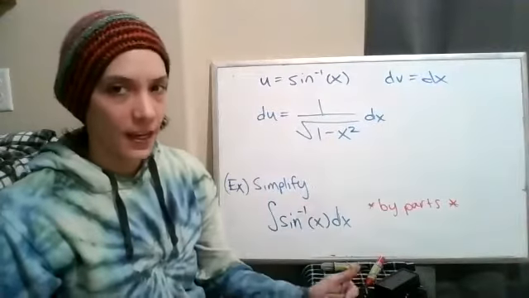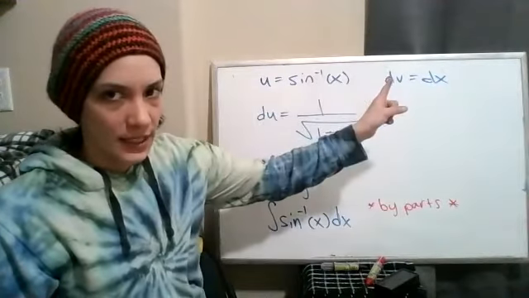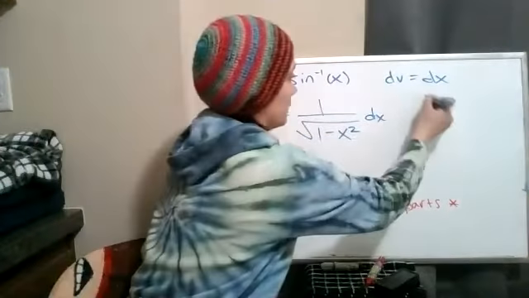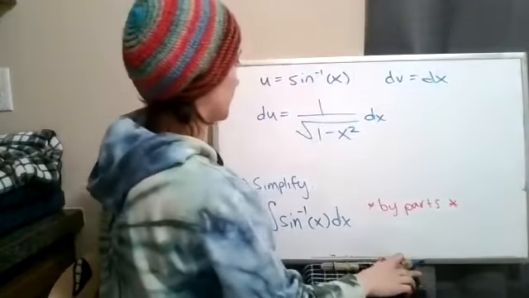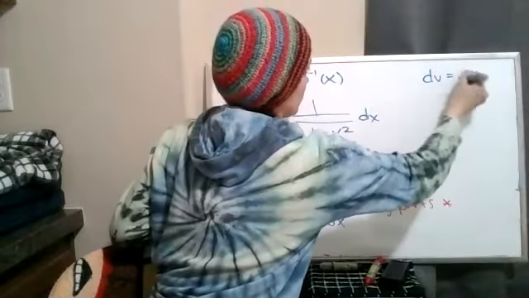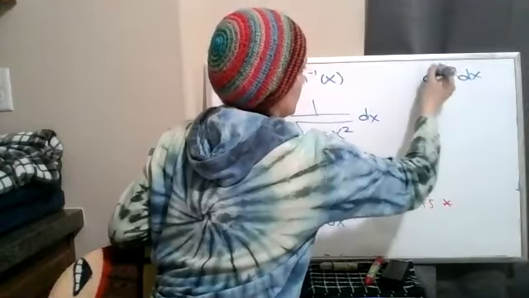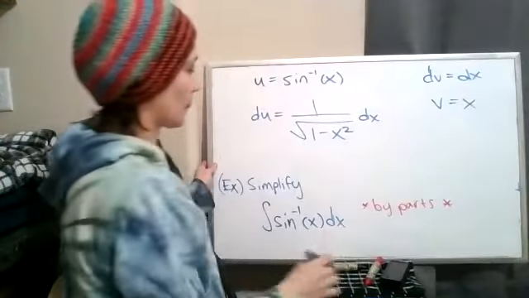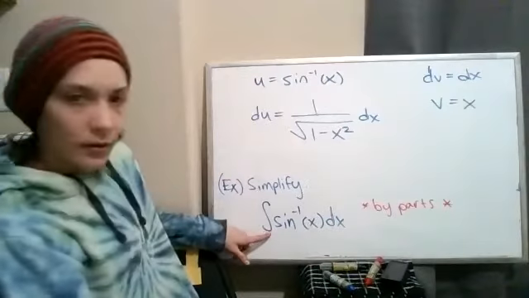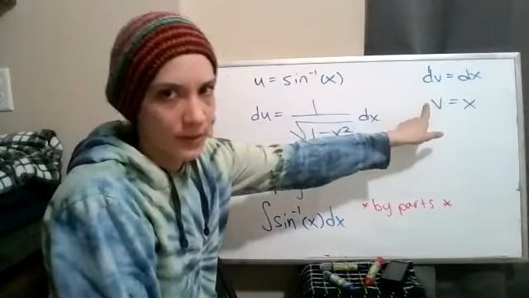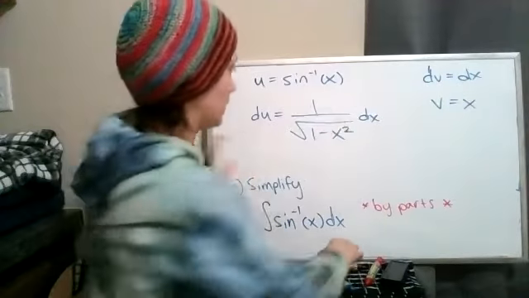Integrate this side and get v equal to x. And this integral will equal u times v, and then subtract the integral of v du.